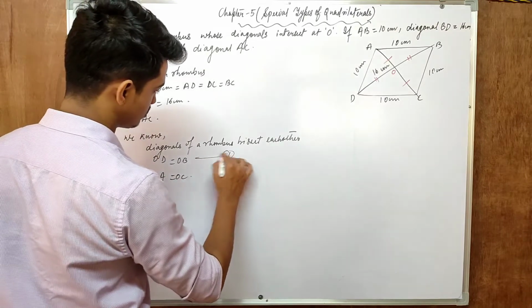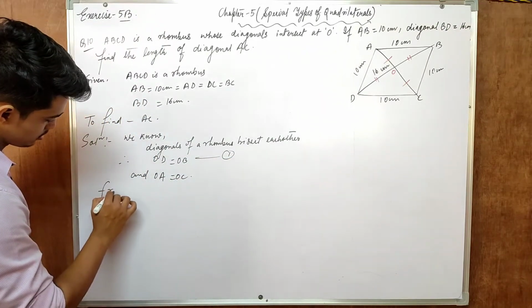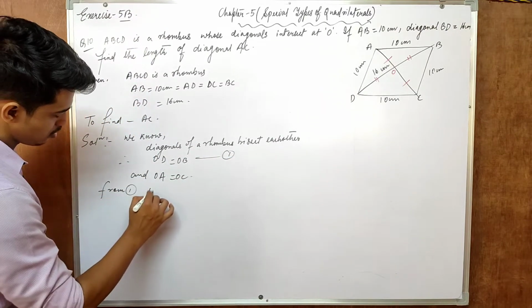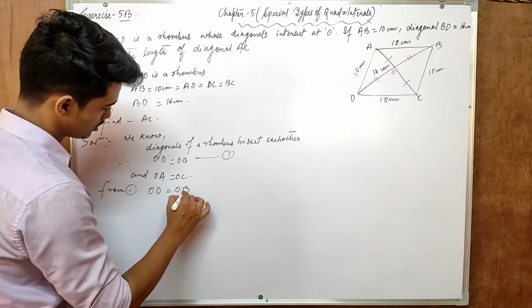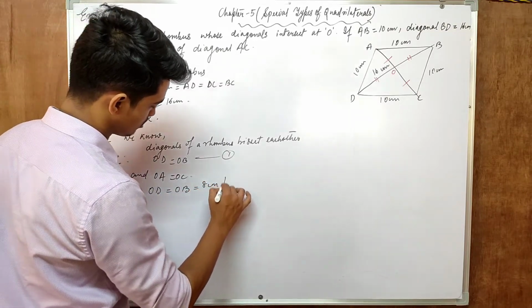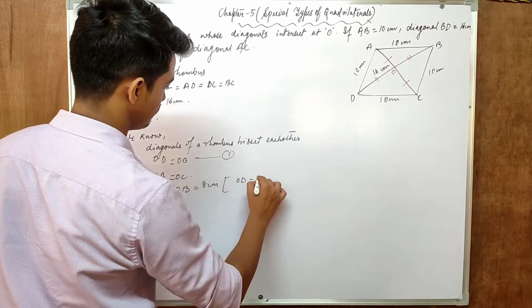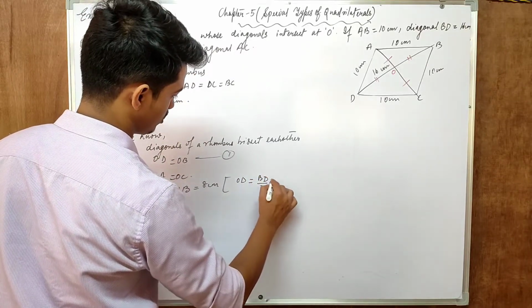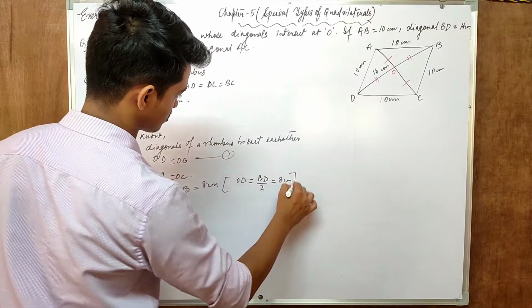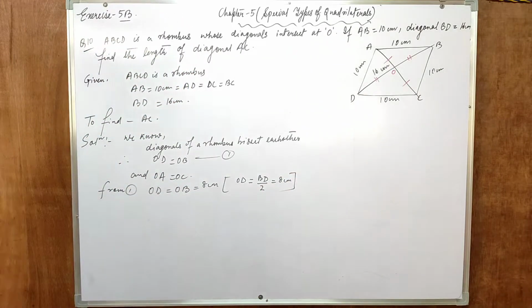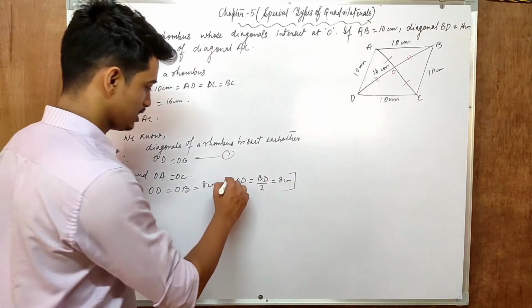So that is 1. From 1, OD equal to OB equal to 8 centimeter. Why? Because OD is nothing but BD by 2, which is 8 centimeter. All right, so OD and OB both are BD by 2.